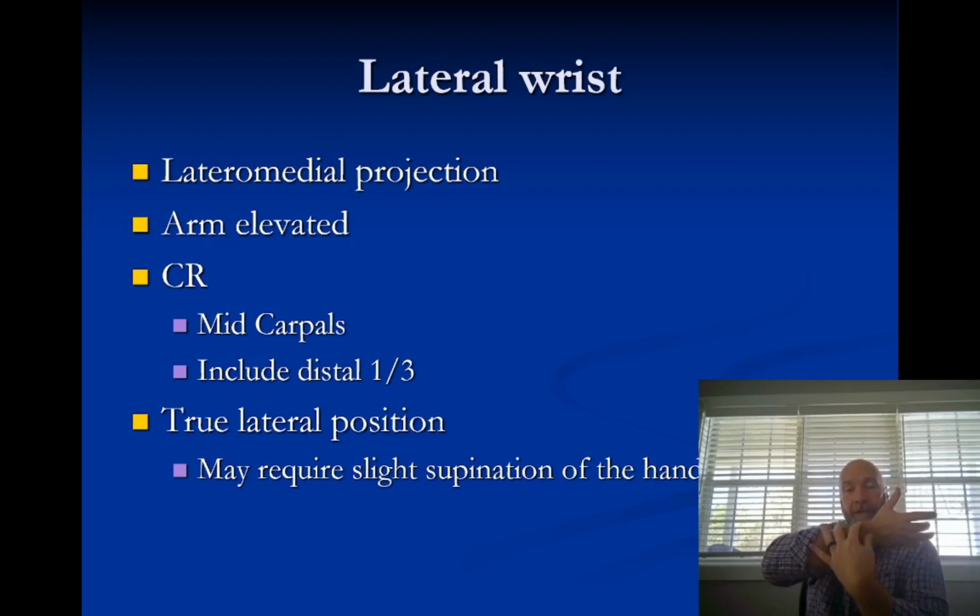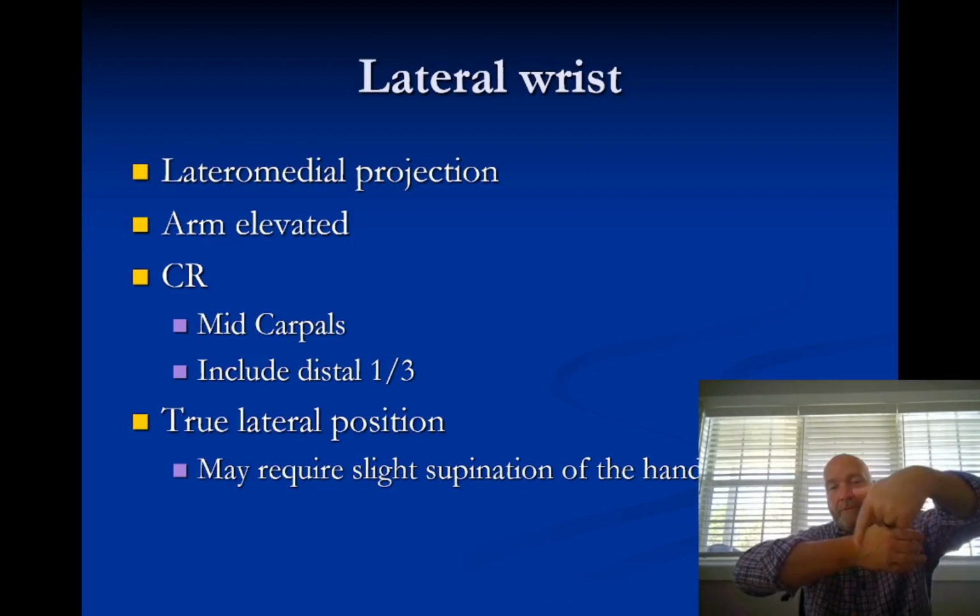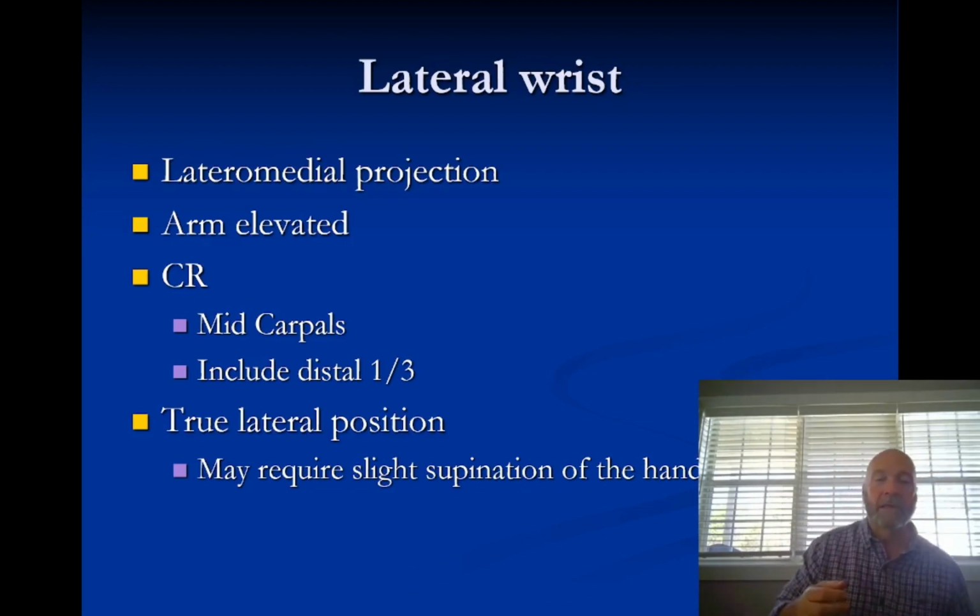So if you feel them, you've still got the styloid process of the ulna more posterior than the radial styloid process. This is not something that's in the textbook, but I tell my students you can't really use the hand to determine whether or not you've got a good lateral of the wrist. It just doesn't work real well.